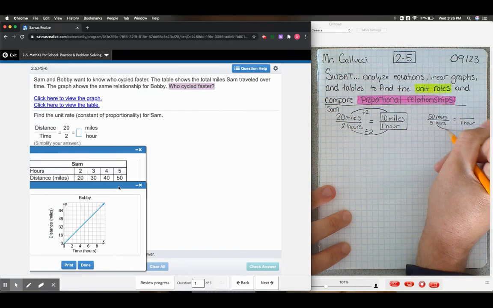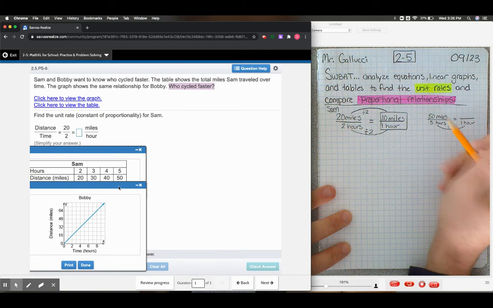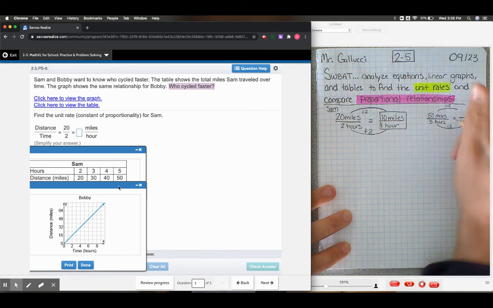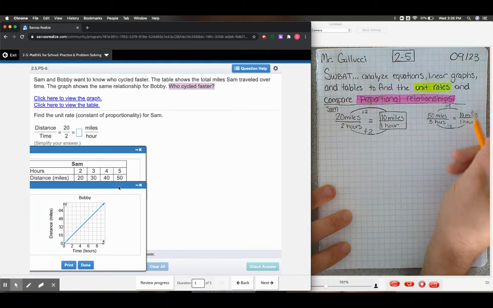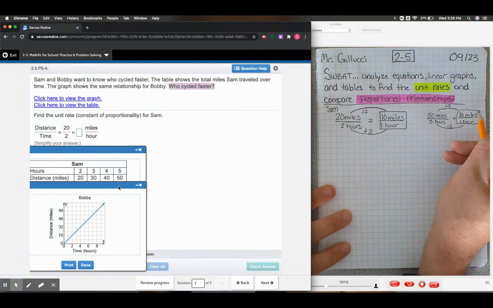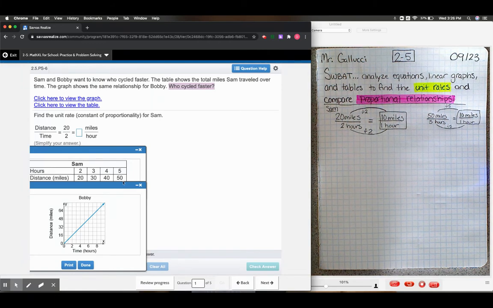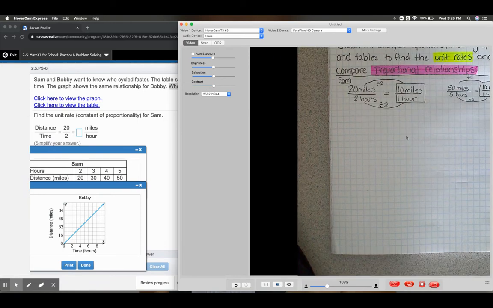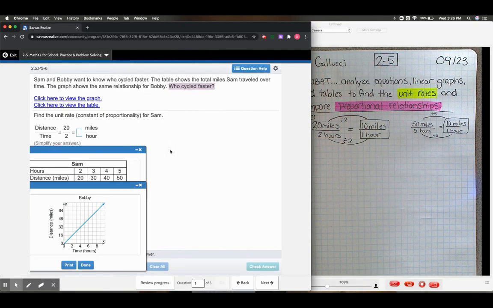And now instead of dividing by 2, it looks like we got to divide by 5. Same thing up here. Divide by 5. 50 divided by 5 is going to be 10 miles. Right? So I would end up with the same answer no matter which row I chose. And that's because this relationship is proportional. Make that a little bit clearer. There we go.